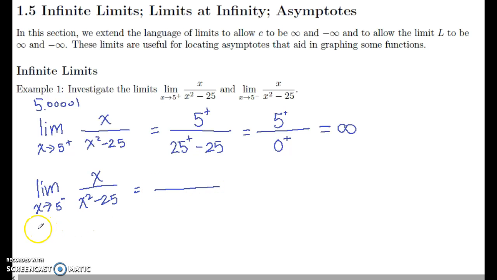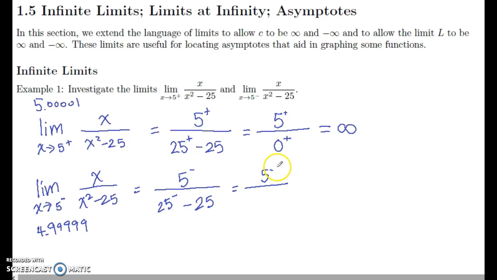What it means is x is like a number 4.99999 and so on. So here we plug in 5 minus. 5 minus squared is very close to 25 but a little bit less than it. Subtract 25. Now on the top, 5 minus is still a positive number.